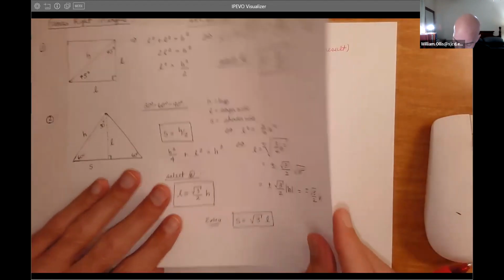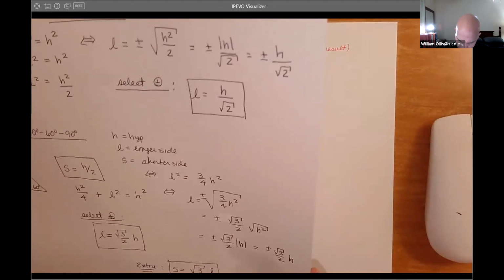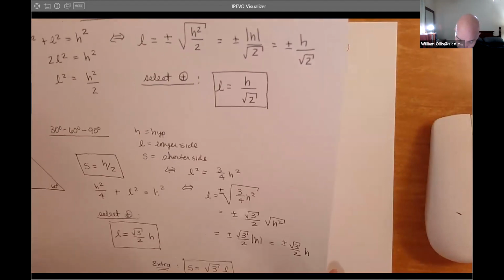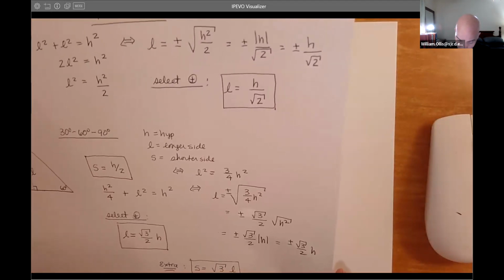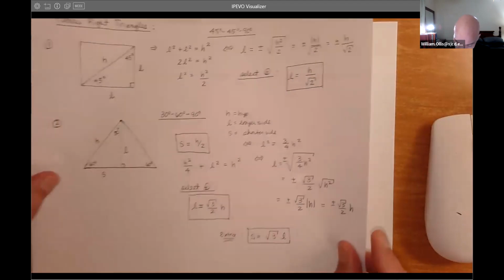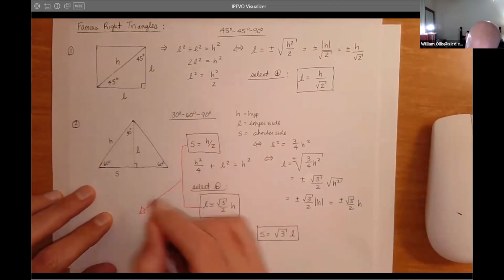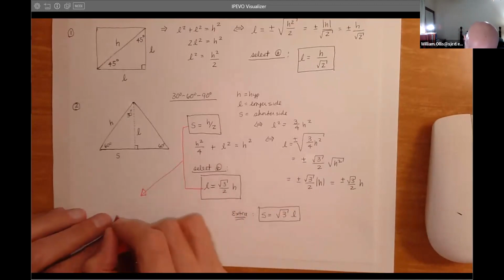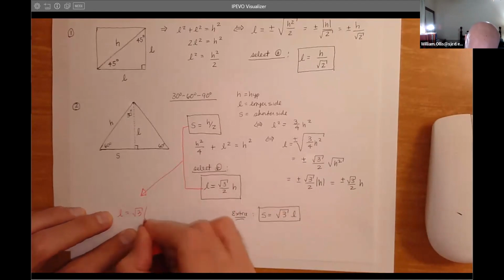Notice the way I did this, we have S, and the reason I did this is because I need to check what I wrote here. Let's see, we've got square root 3 over 2, and then yes. So here, let me make this and do this. So notice here, when we look at this, we have L equals square root 3 times H over 2.